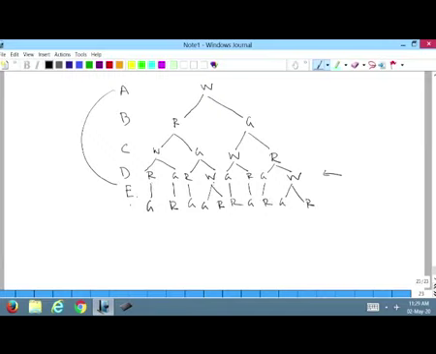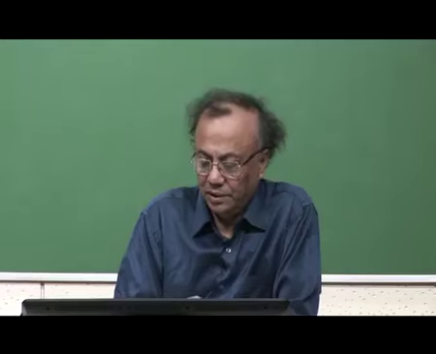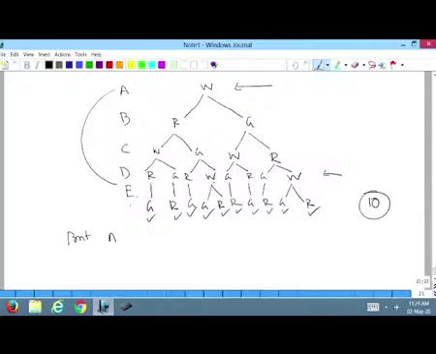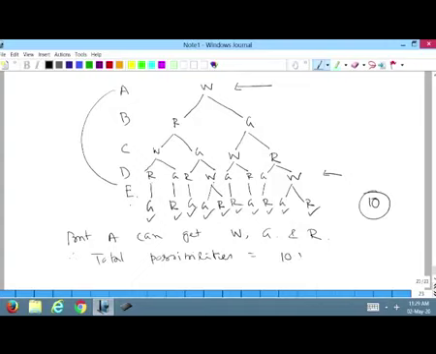Therefore, total possibilities are 1, 2, 3, 4, 5, 6, 7, 8, 9, 10. This 10 has come when A got white, but A can get white, green or red. Therefore, total possibilities is equal to 10 into 3, which is equal to 30.